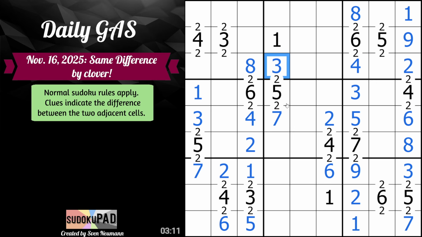And then 7, 7 gives us 7. Wasn't looking at that. 2, 2 gives us 2. 3 gives us 3 actually here. 8, 7. What do we still need here? 8, 9. Well, this then is 1. This is 6.